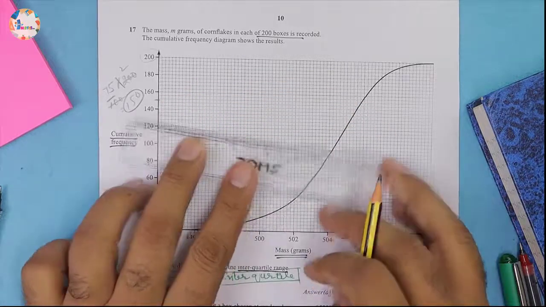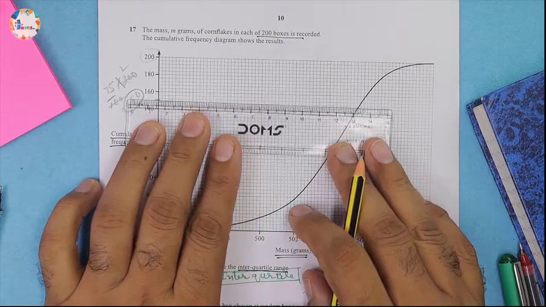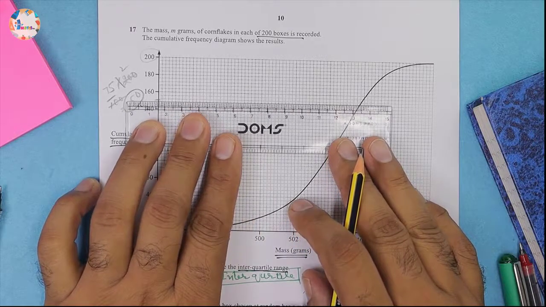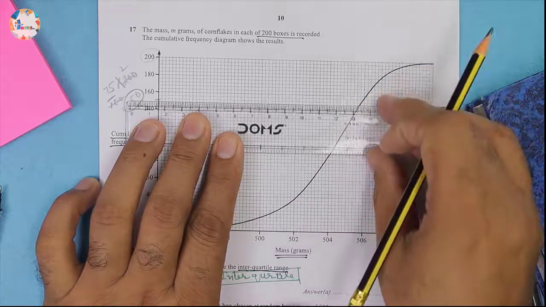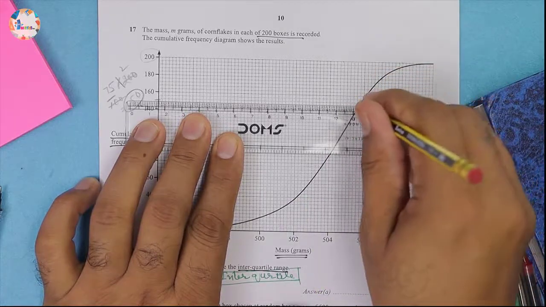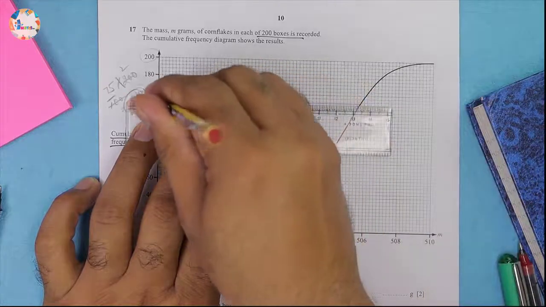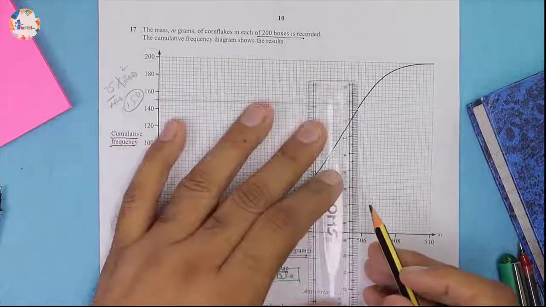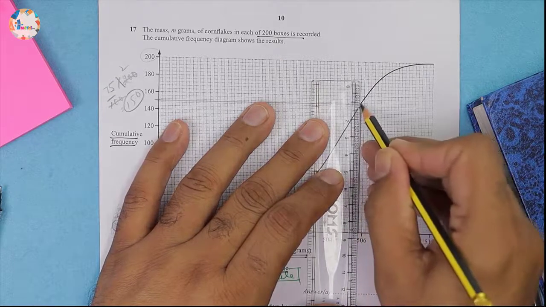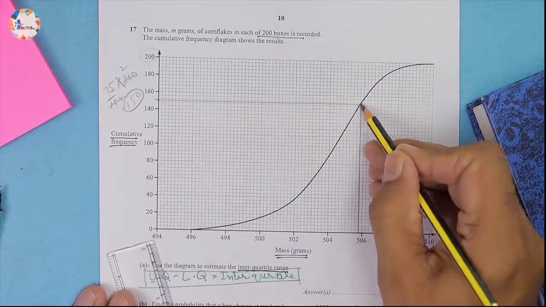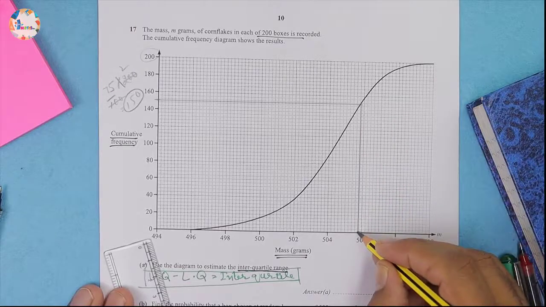We'll check the reference for this one, and the reference will be over here. We can draw a line. This is the reference, and from this side also we can draw a line, and this is the upper quartile which we have taken over here.